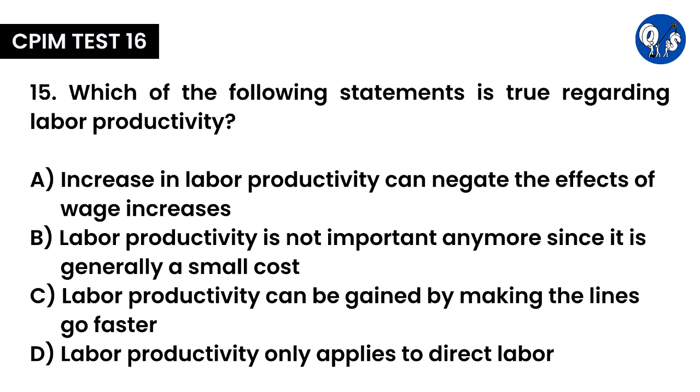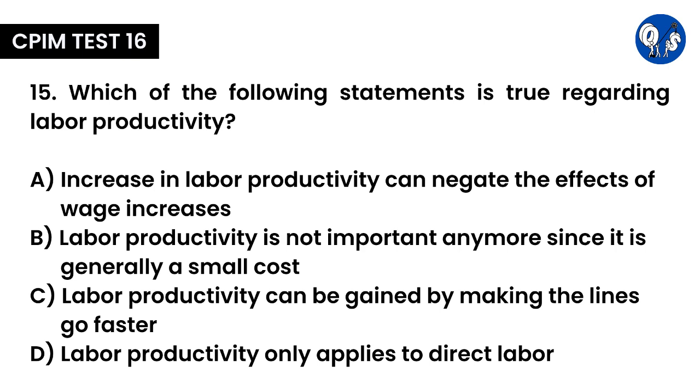Question number 15. Which of the following statements is true regarding labor productivity? A. Increase in labor productivity can negate the effects of wage increases. B. Labor productivity is not important anymore since it is generally a small cost. C. Labor productivity can be gained by making the lines go faster. D. Labor productivity only applies to direct labor.